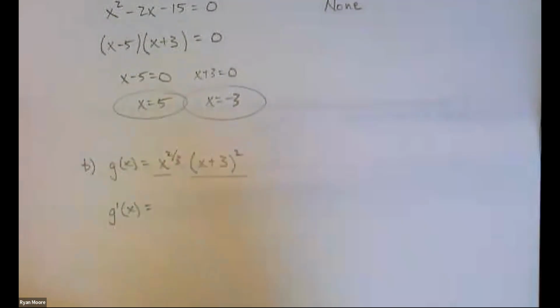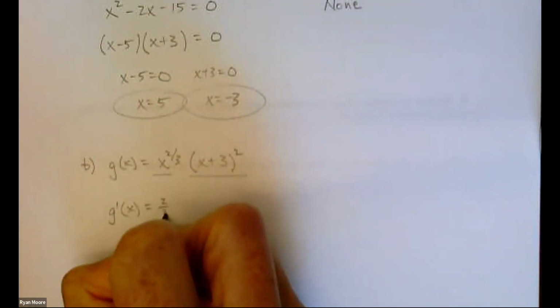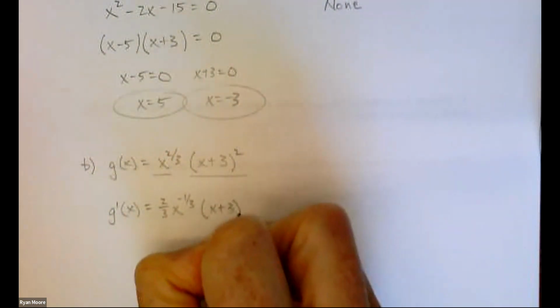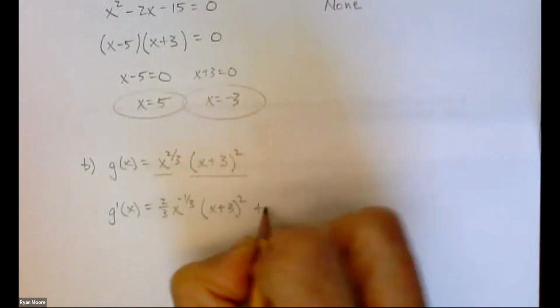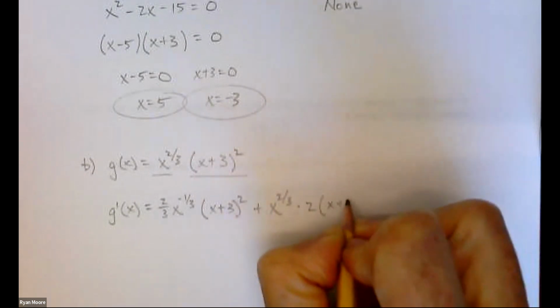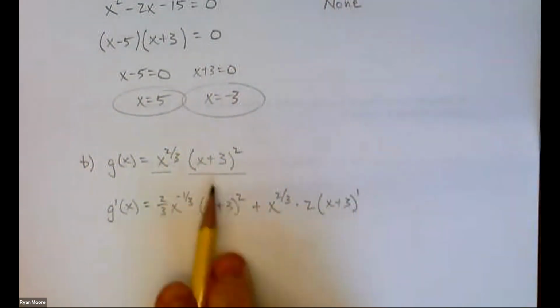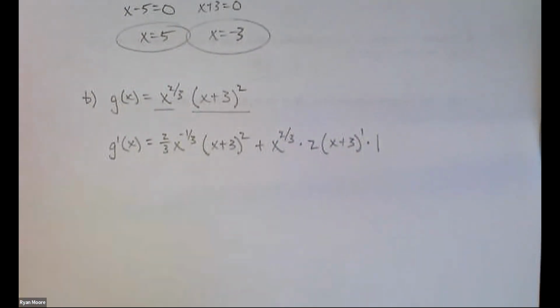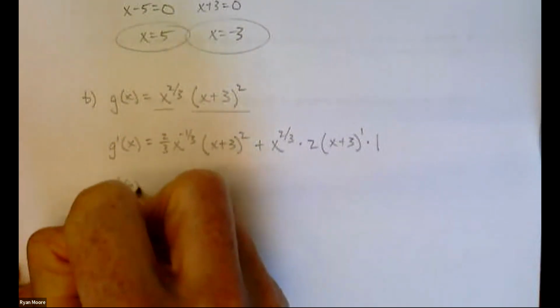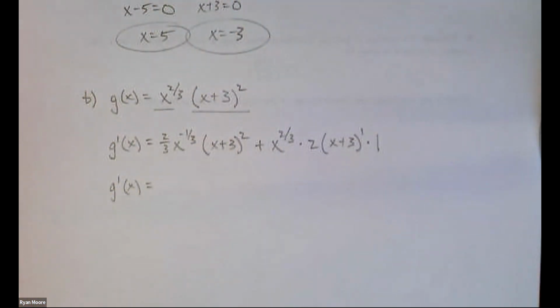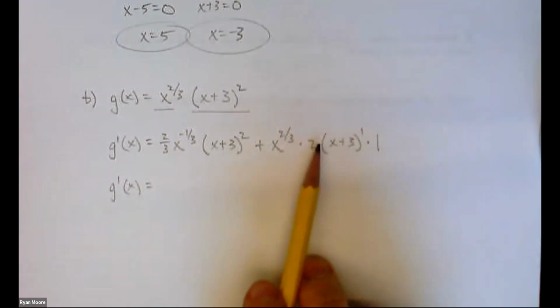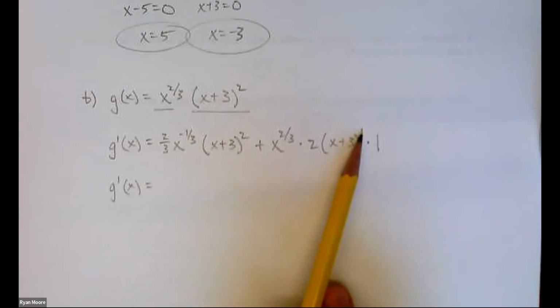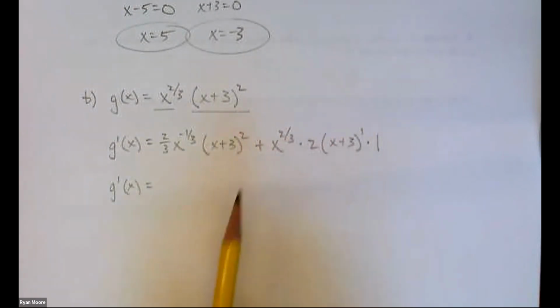So let's do this. g prime, let's see, derivative of x to the 2/3, 2/3 x to the negative 1/3. And that gets multiplied with x plus 3 squared, plus x to the 2/3. And that's going to multiply with 2 times x plus 3 to the first. Chain rule here, then derivative of x plus 3 times 1. And now maybe I'll clean that up just a little bit. Obviously there's some easy stuff, like not writing times 1 to the first power.